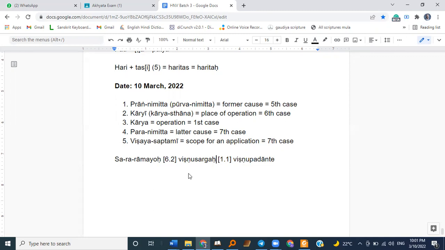Technically speaking, it is Adesha, substitution, because either Sa or Ra Rama are replaced by this Vishnu Sarga. So Vishnu Sarga is the Karya. And Vishnu Padante, at the end of Vishnu Pada, is Saptami, the 7th case. This is Vishaya Saptami.